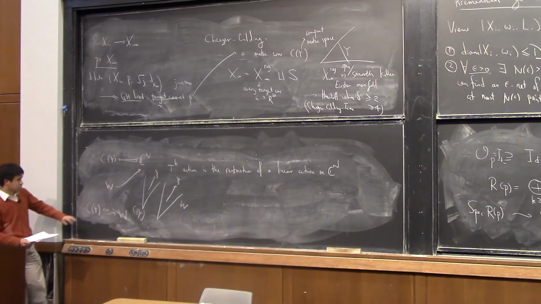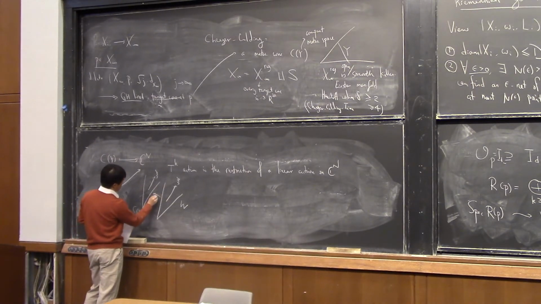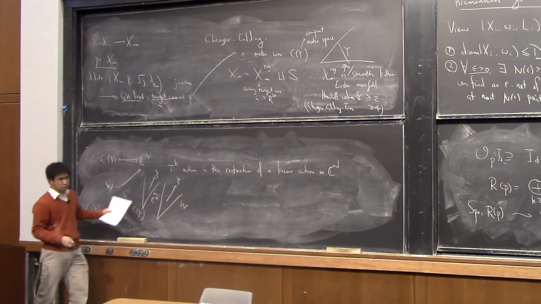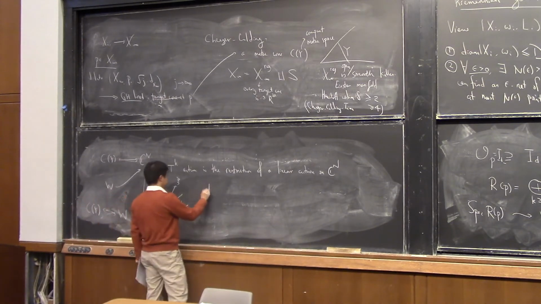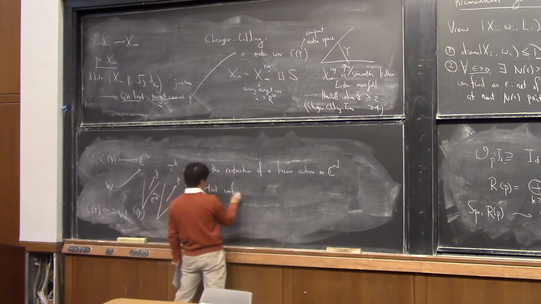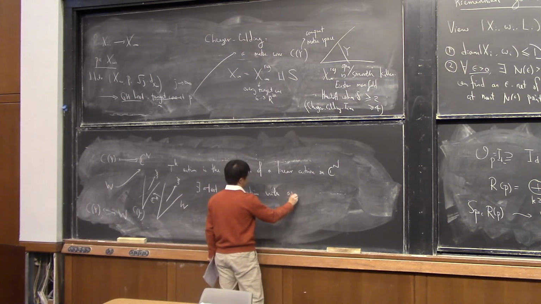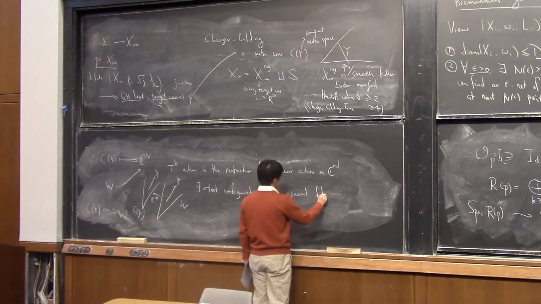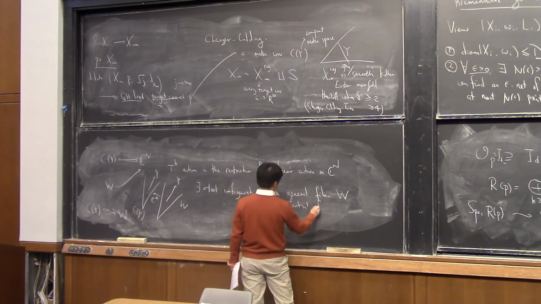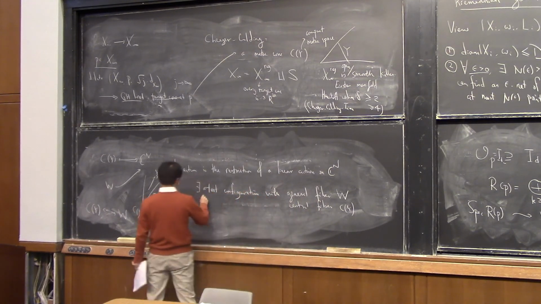It's a specialization of W. If you know something about K-stability, there's a test configuration with general fiber W, central fiber C_Y, and it's T^k equivariant.